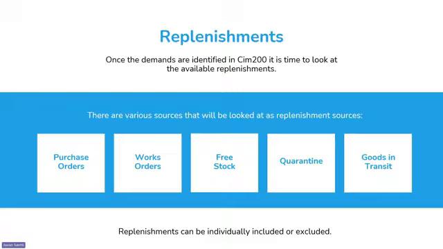Also, with free stock, when it is seen as a replenishment for your demands, it is dependent on where the stock is and how you have set up the warehouse hierarchy. So there's another complication in terms of setting the system up to see what is available to replenish the demands in certain locations.